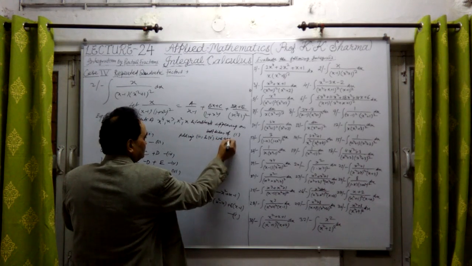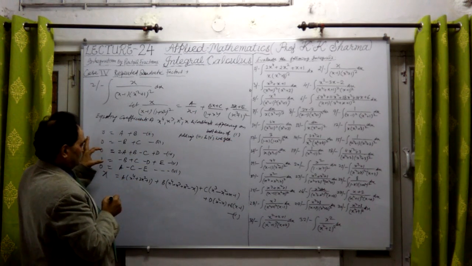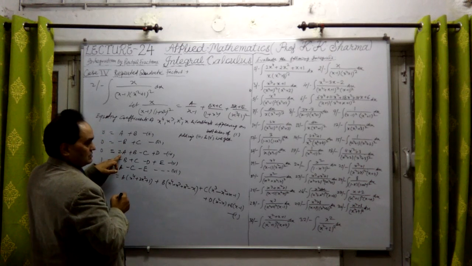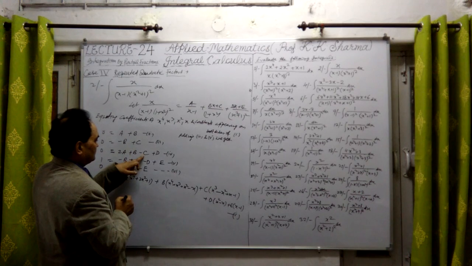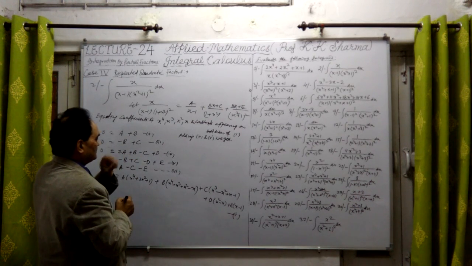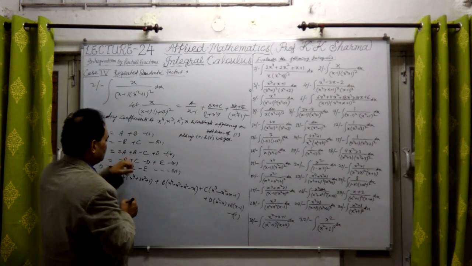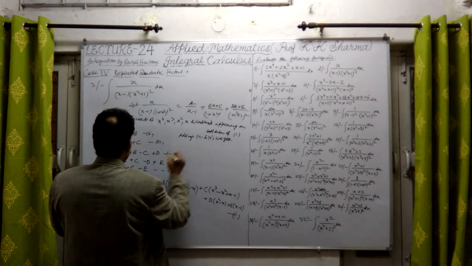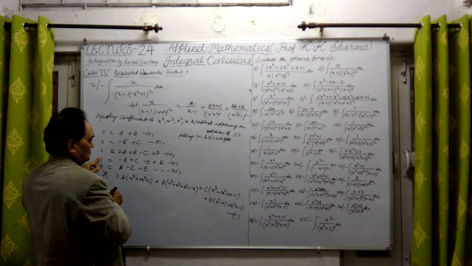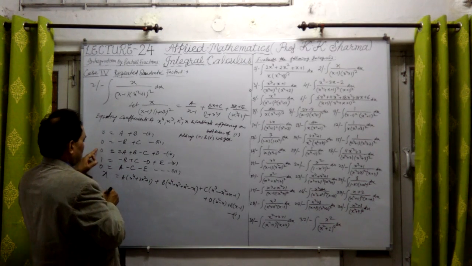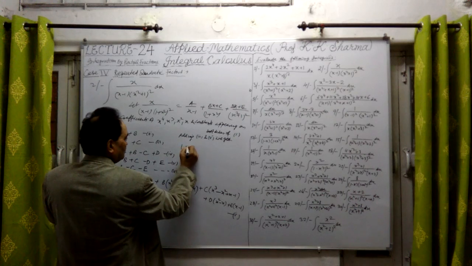What do we get here after adding these two? Here A, no B is there, minus B plus B cancel out, C minus C cancel out, minus D plus D cancel out. Only twice A plus B, and equal to 1 here, 0 plus 1, we are adding. Fourth and fifth, here 0 plus 1 is 1 in the left hand side.